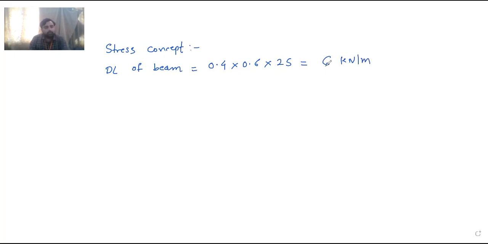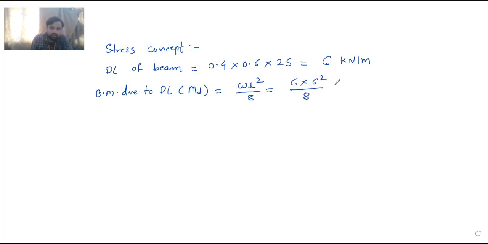Now calculate the bending moment. So we have to calculate the bending moment due to dead load and due to live load also. Okay. So bending moment due to dead load. We call this MD, which is equal to, now dead load is UDL, so it is WL square by 8. So it is 6 into 6 square, span is 6 meter, divided by 8.